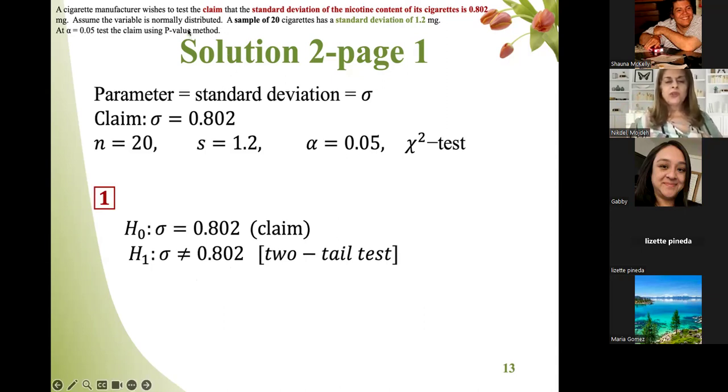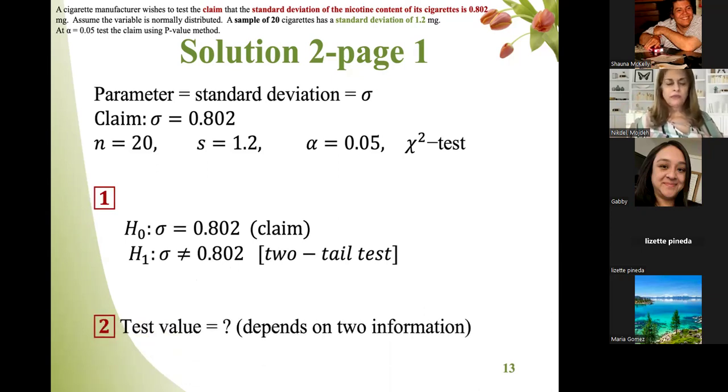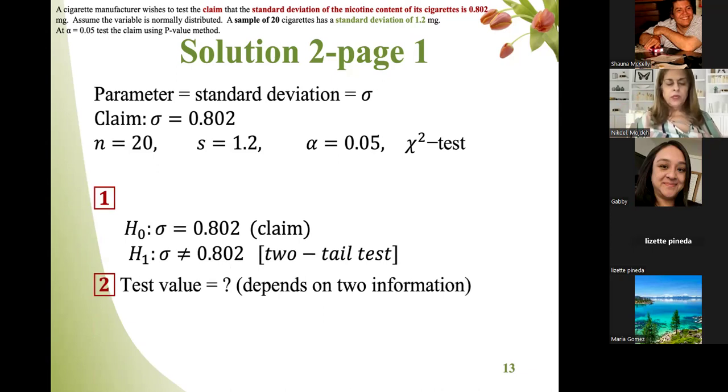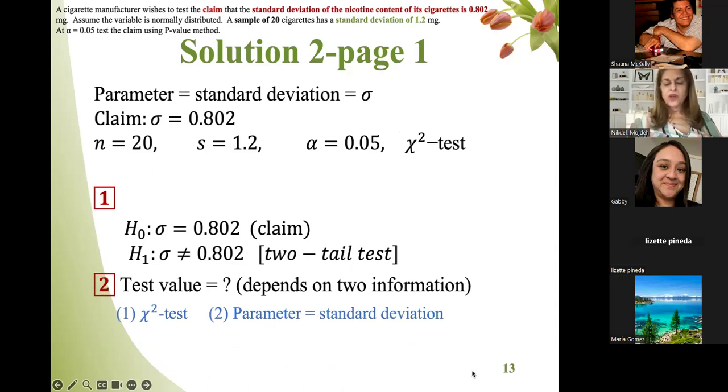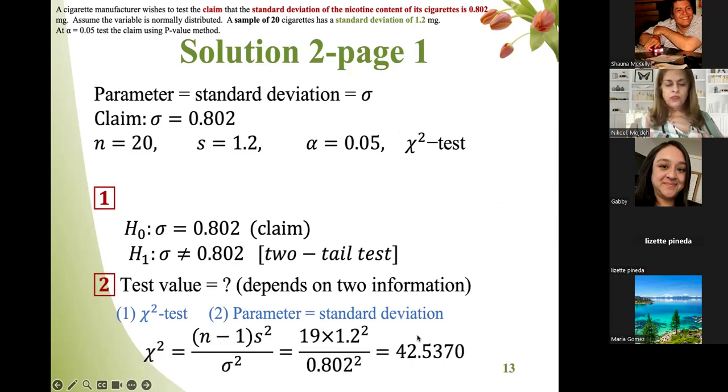With the p-value method, you have to find your test value. The test value is in the formula sheet. You need your parameter, standard deviation, and your statistical test, chi-square test. So what is the formula? Chi-square equals n minus 1 times s to the power of 2 over sigma square.